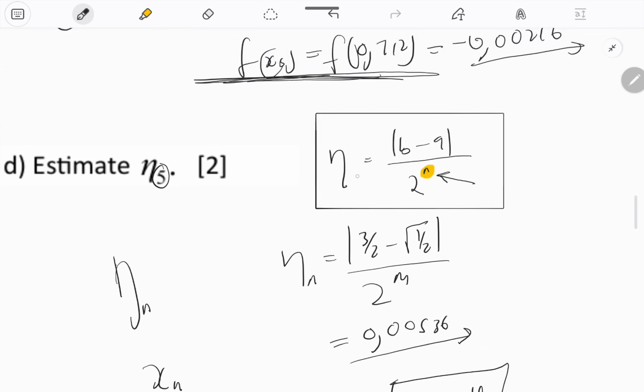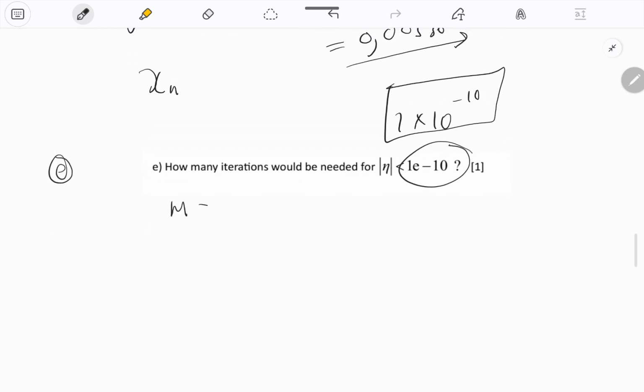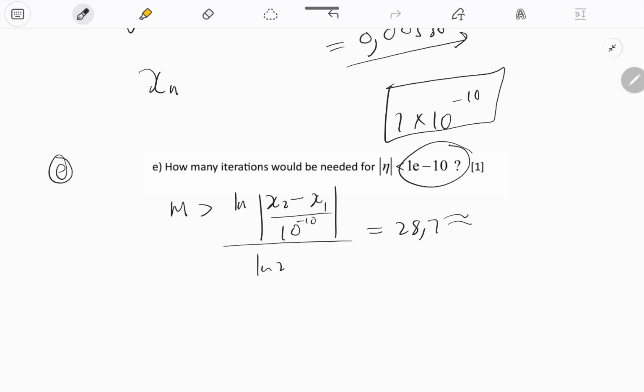So the formula they used here, I'm going to show you, and then in the next one I do the log one that you're used to seeing. If I do all that and divide by ln 2, it gives me 28.7. Remember, the number of iterations can't be a decimal, so it has to be 29 iterations. That marks the end of the test that you wrote.